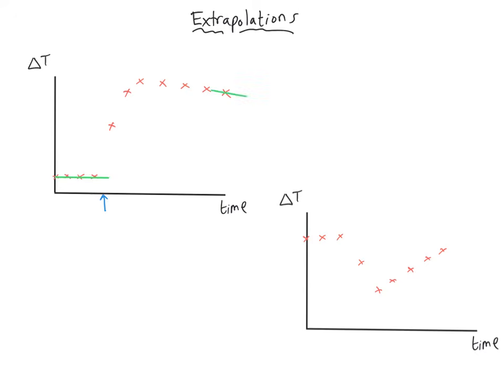Again, we need to make sure we pass through the warmest temperature, and if in doubt, go slightly above the warmest temperature. And then we need to look at the difference between these two lines. I don't think I extrapolated that quite far enough, so I'll continue that on a little bit like this, and then we can look at the difference in temperature at that point. And our delta T would be whatever was between those two points.